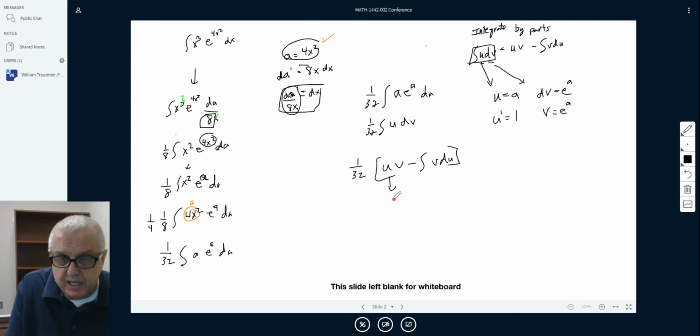So u is a, v is e to the a. Then we're going to integrate v, which is e to the a, and du is 1. So what I'm left with, once again, is a times e to the a minus the integration of e to the a, which is e to the a.